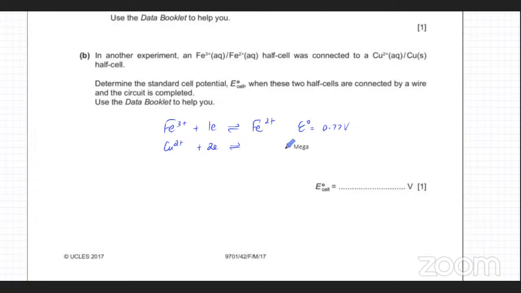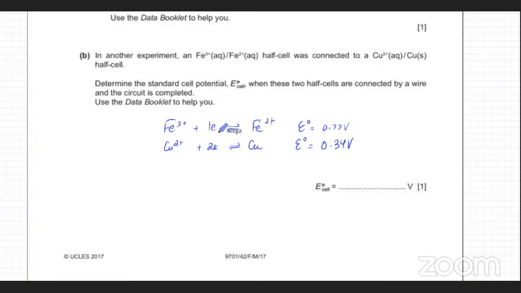Is it 0.34 volts or not? Yeah, 0.34. So what's the rule?